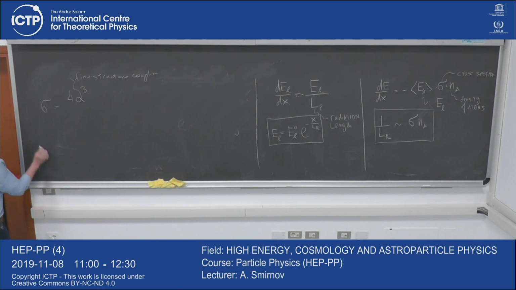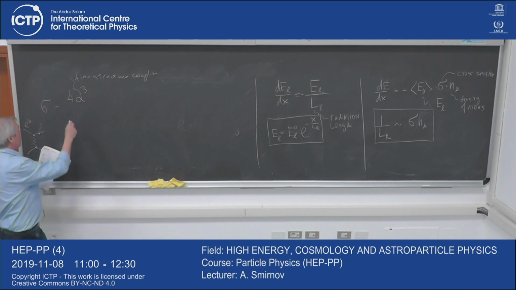This is because we had, remember, a diagram of this type. There are 3 points where we have electromagnetic interactions, here, here, and there. And therefore the amplitude is proportional to e cubed. And when we compute probability, we square this, and therefore we will have this alpha, which is e squared over 4 pi.